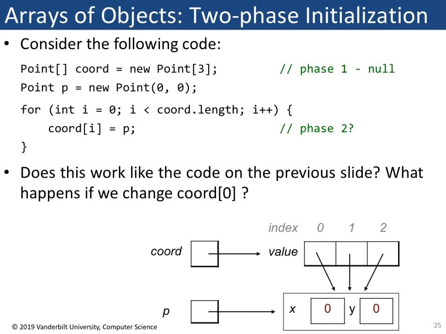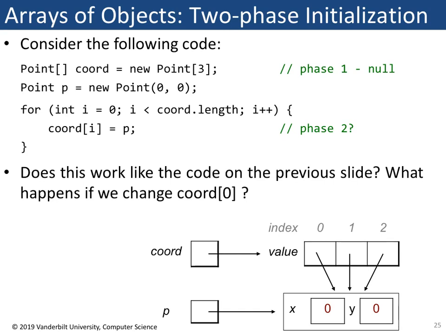But then in our for loop, we took the reference stored in P and copied it into each of the elements of our array. So every element of this array points to this same object. So in the previous slide, we created 3 individual point objects, each one pointed to by separate elements of this array. In this code, we create one point object, and every element of our array points to that same object.